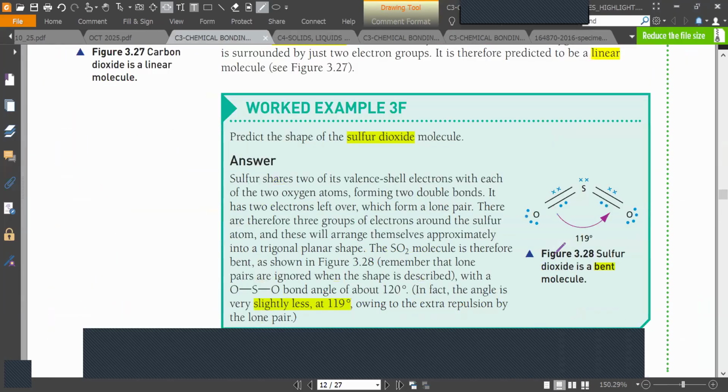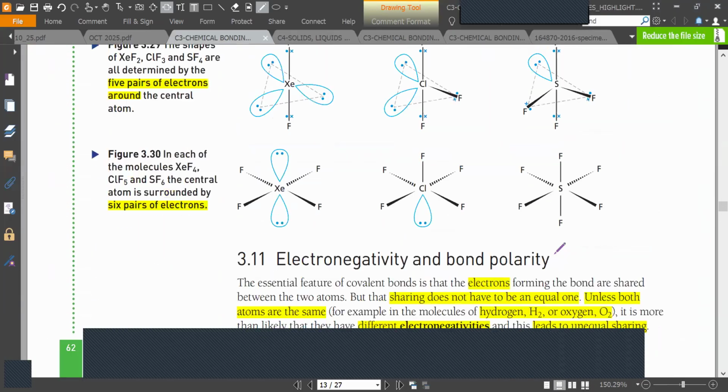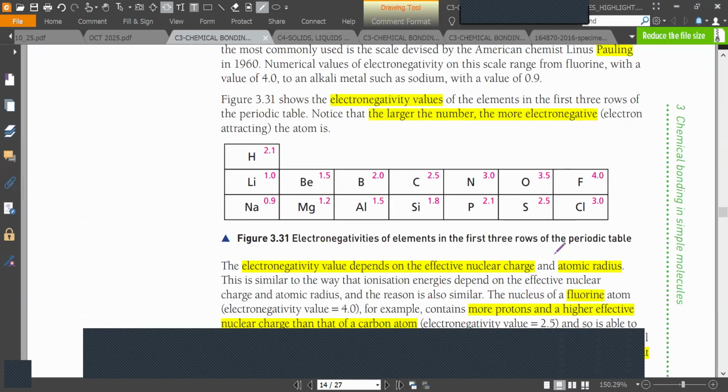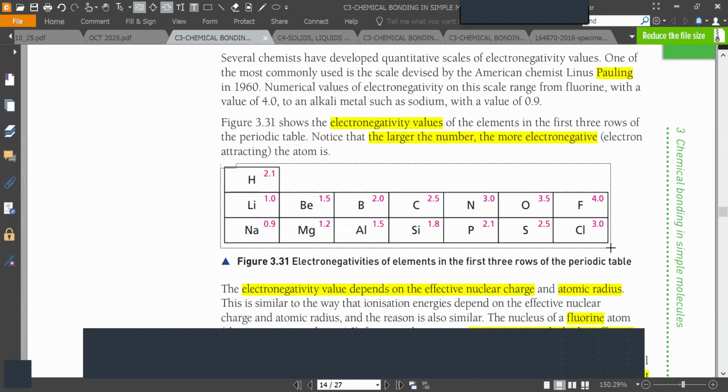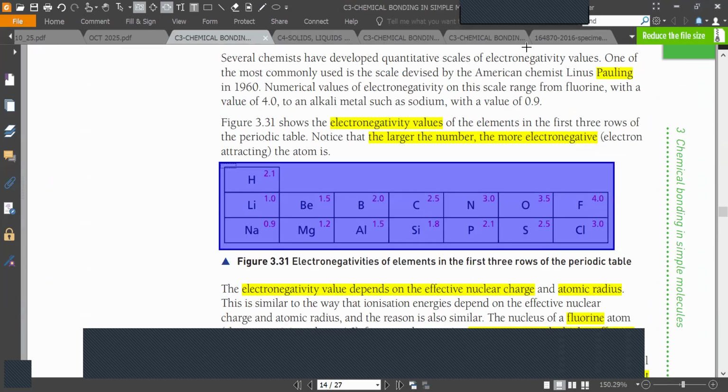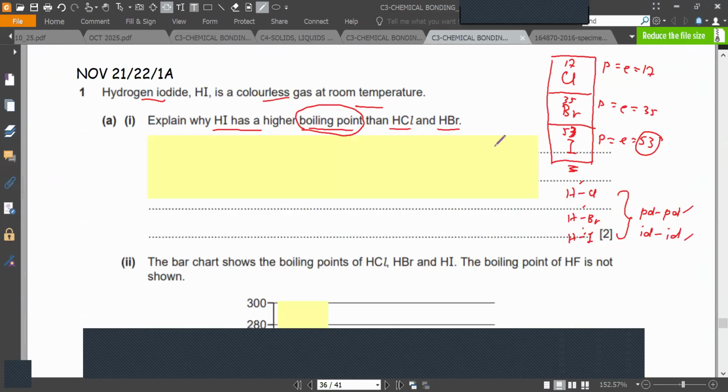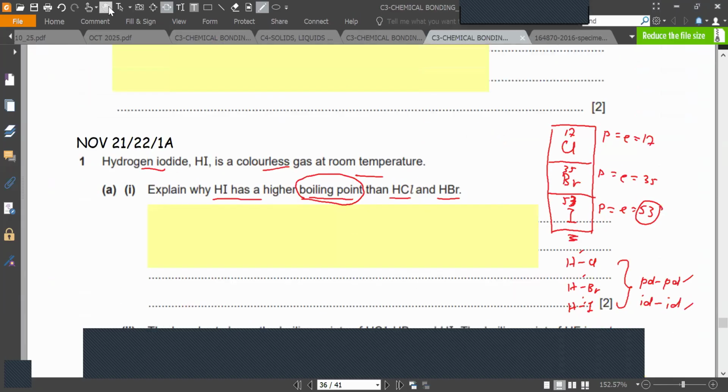Let's explain this one clearly. This one is the electronegativity values.